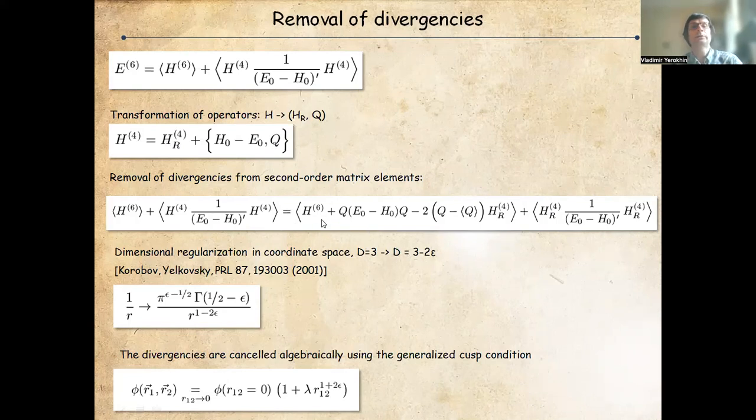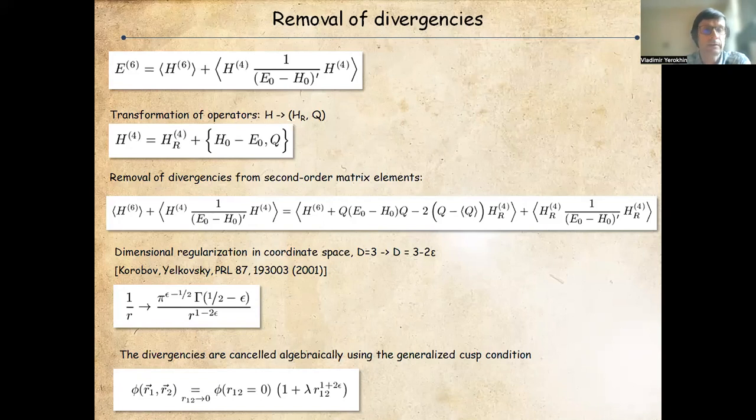Divergences in these operators are regularized by using dimensional regularization in coordinate space. They are localized at cusp points where two coordinates are equal.